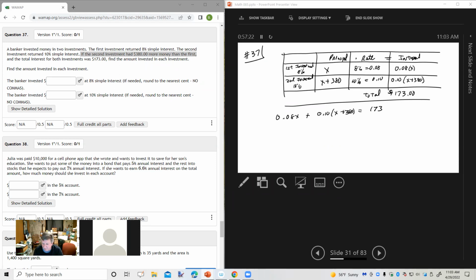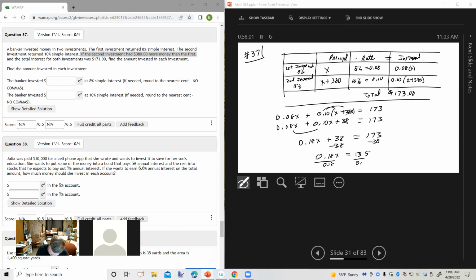Again, any questions? Okay, so 0.08X plus 0.10X plus 38, since 0.10 times 380 is 38, equals 173. Combine like terms, 0.18X plus 38 equals 173. Subtract 38, 0.18X equals 173 minus 38, which is 135.